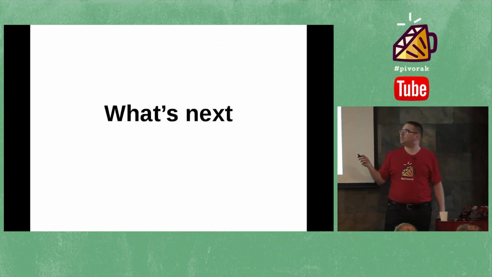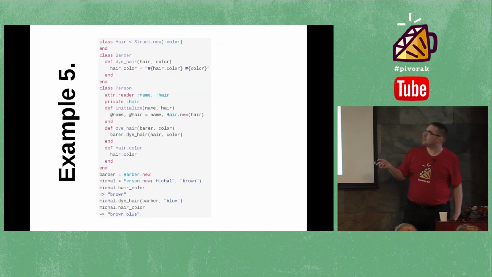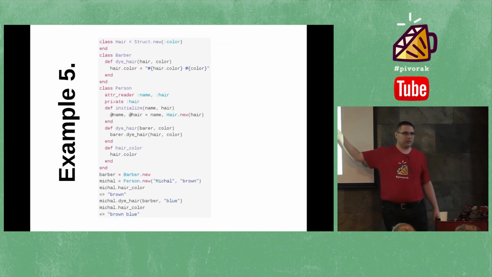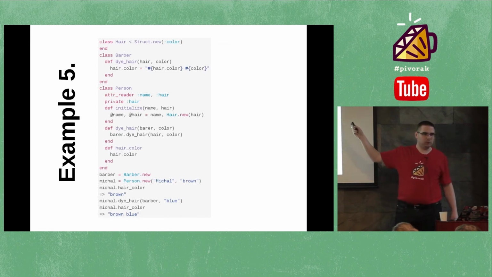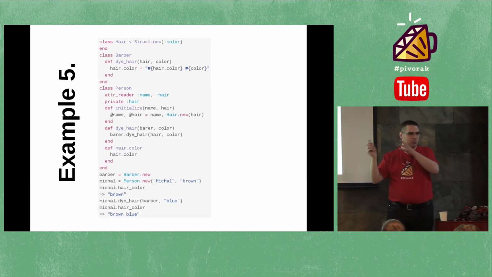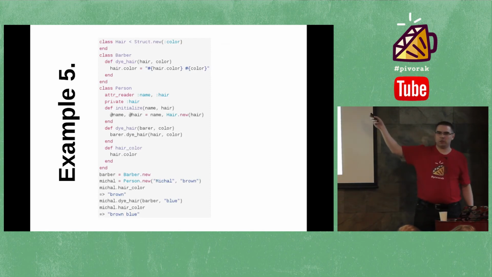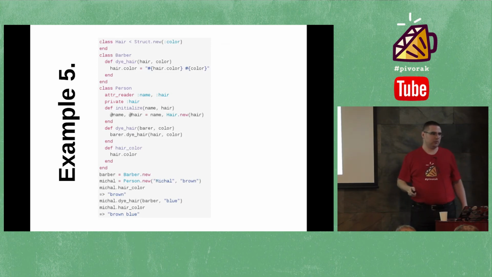So what we had here with hair, is it 5? Yeah, 5. What we had here with hair, we solved the problem with encapsulation. But what we want to do is to just export these methods to change hair from the person. It could be done either with encapsulation or with using forwarding to the interface.